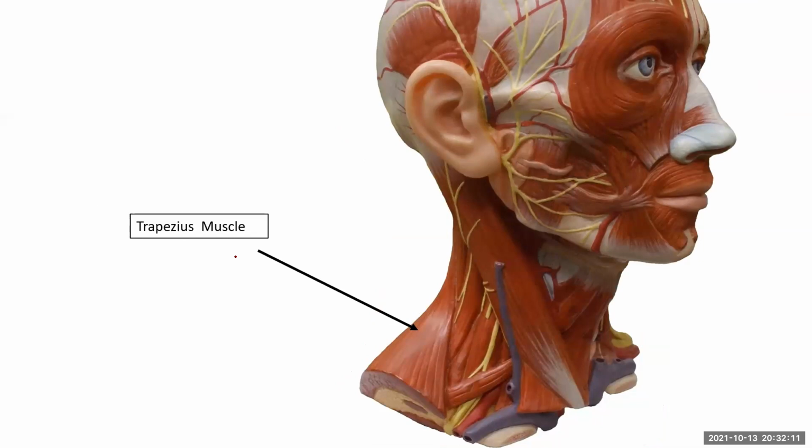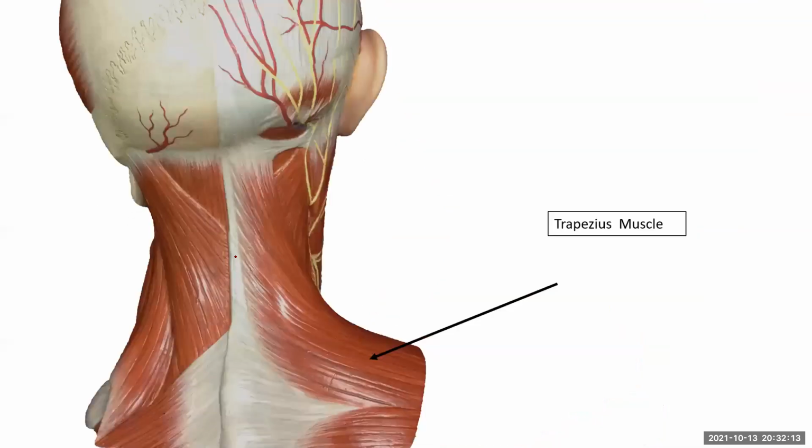So it's described as a big diamond-shaped muscle. This picture here shows you the upper fibers, the fibers that attach onto the neck, your skull, and your shoulders. So that's the trapezius muscle. It's the most superficial muscle of your back in the thoracic region.